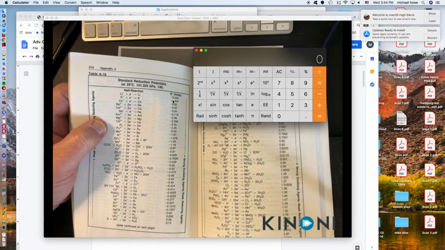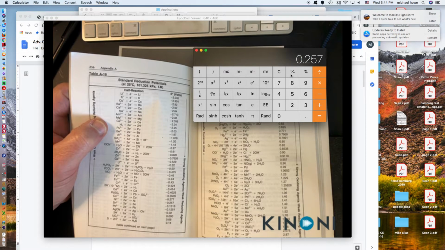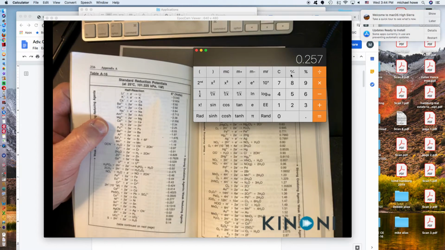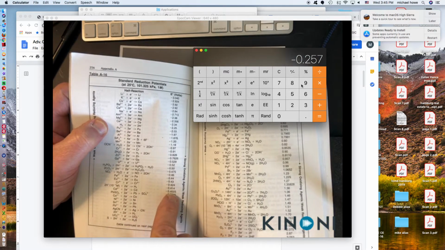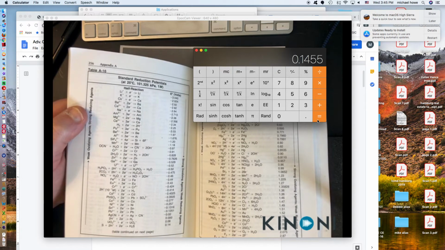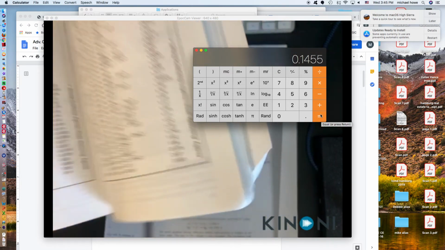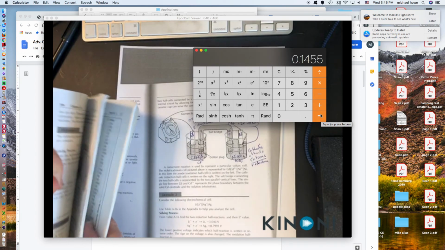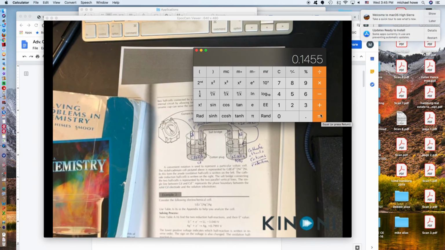You'd have negative 0.257, and then we add to that the cadmium, which is 0.4025. So the battery voltage for this cell would be 0.1455. You just add them together. You don't need to worry about the number of electrons being even. You just add up the potentials to find the voltage of the battery. All right, so that's the end of this little video.